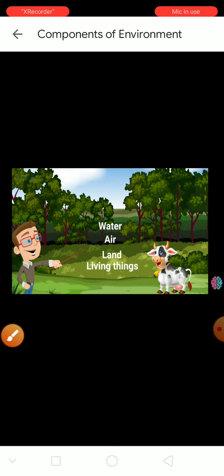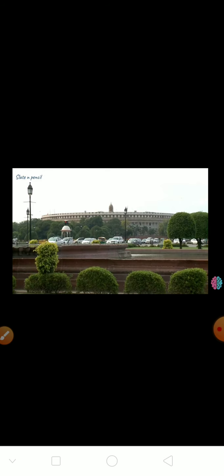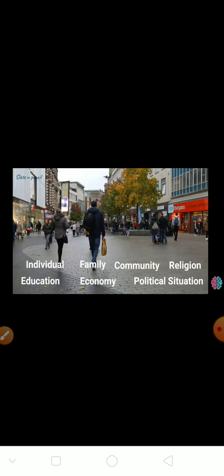Human-made things are the outcome of skills and efforts of humans, which includes buildings, parks, bridges, roads, monuments and industries. Similarly, human environment includes all the people living on the earth.